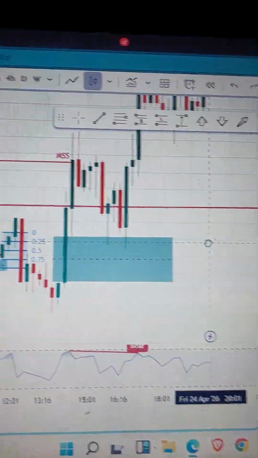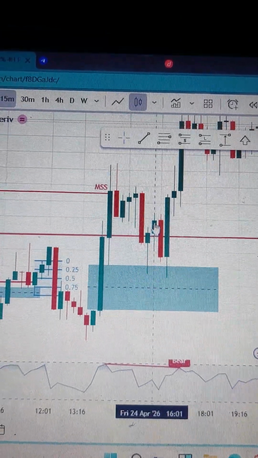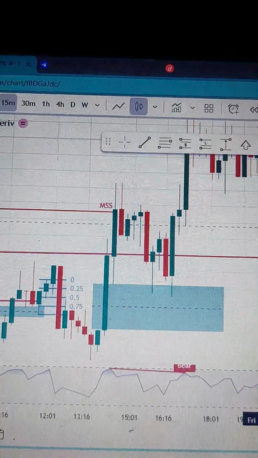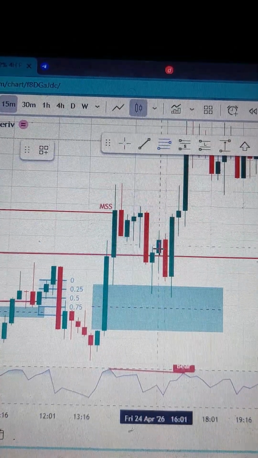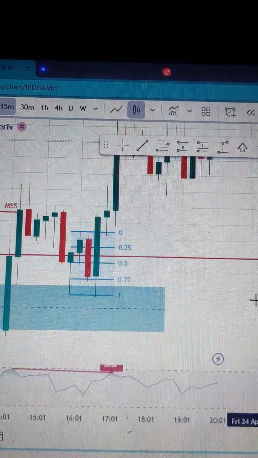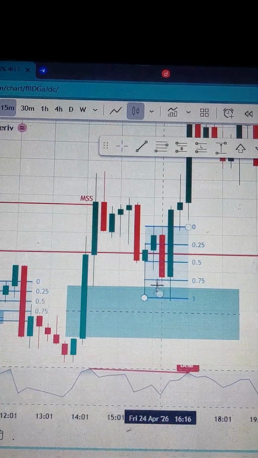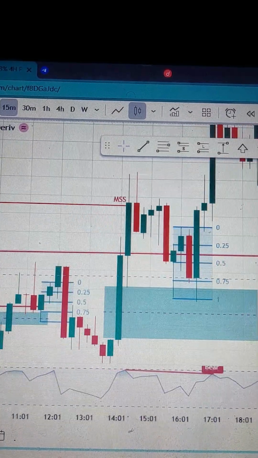This fair value gap is the one that gave us this bullish move, and with that engulfing pattern, we wanted price to retrace to the midpoint or the discount zone of this range, and then we get an entry.